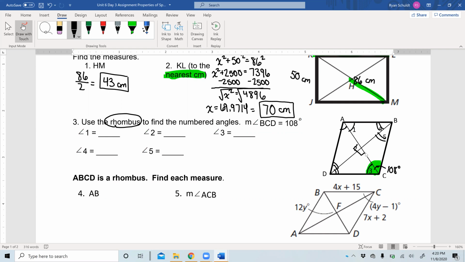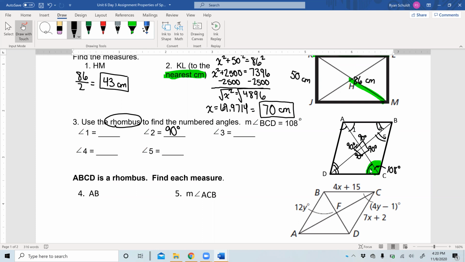Right angles. So angle 2 right here needs to be 90 degrees, period. Angle 2 is 90 degrees. That's non-negotiable. I'm going to write a 90 right there, 90 right there, 90 right there.